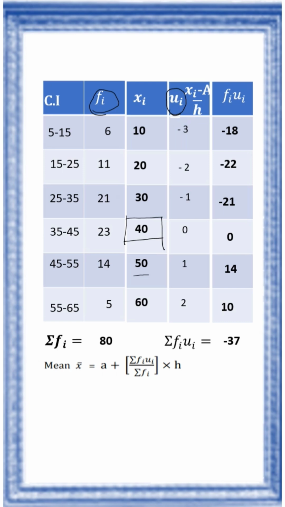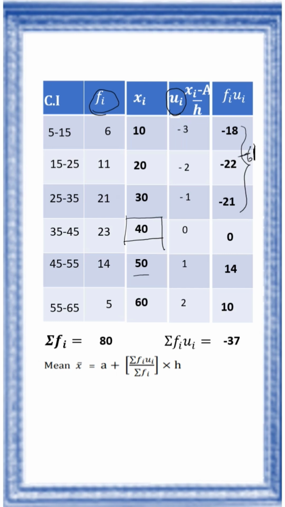Now let us find the summation of fi ui. For that you have to add all the negative numbers. What is it? 8 plus 2 is 10. 10 plus 1 is 11. I'll write it here. Carry 1, 1 plus 1, 2, 2 plus 2, 4, 4 plus 2, 6. Negative of 61.